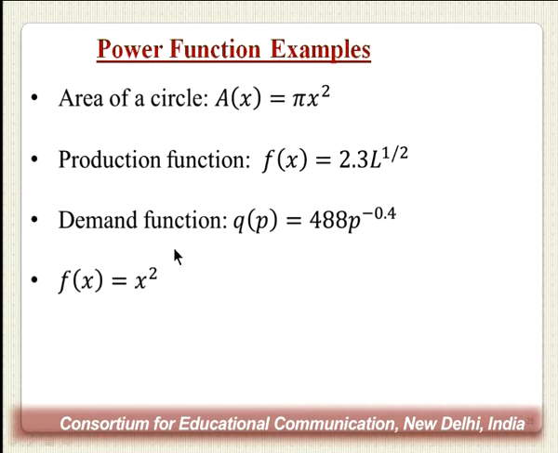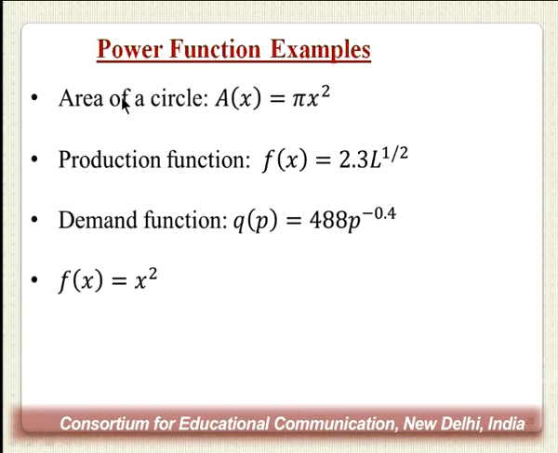Similarly, you could have a demand function in economics which models the quantity demanded for a good as a function of P. So here it's given by 488 times P to the power minus 0.4. Similarly, a function like f of x equal to x squared is also an example of a power function.